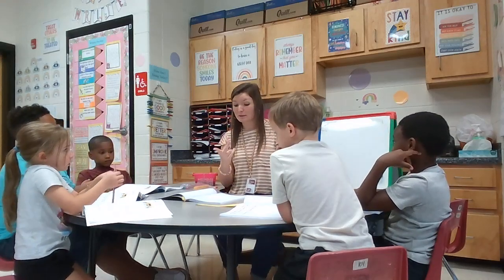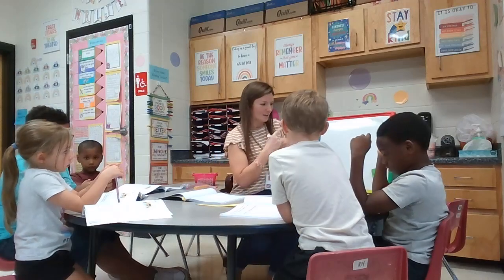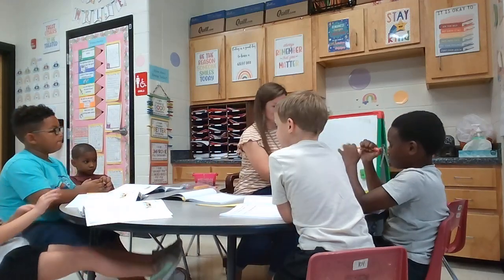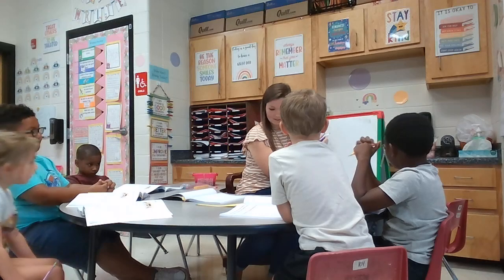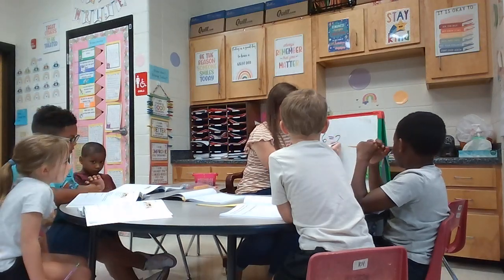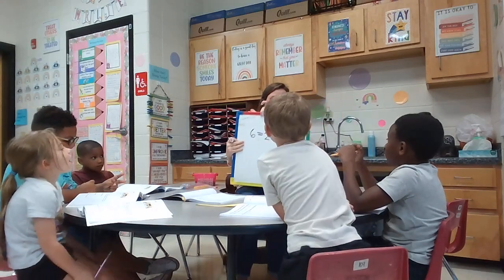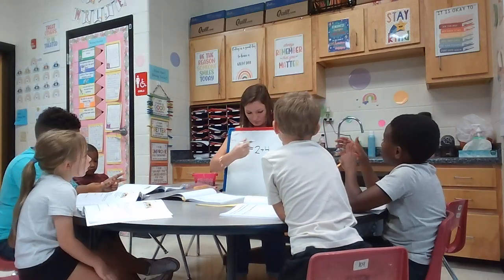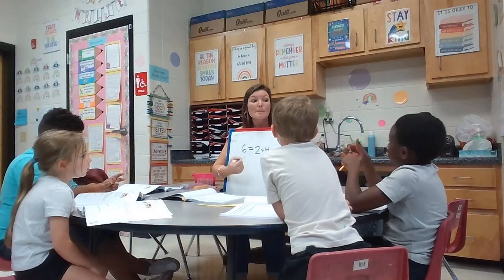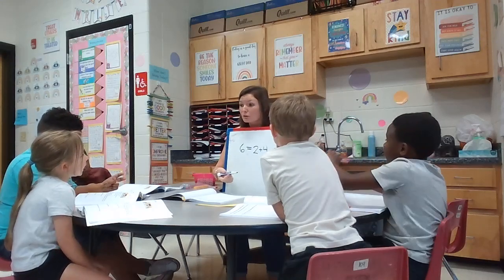Okay, so it's written kind of backwards. Kellen says D because 6 equals 2 plus 4. That's kind of weird, isn't it? It's written backwards, but it is true, right?